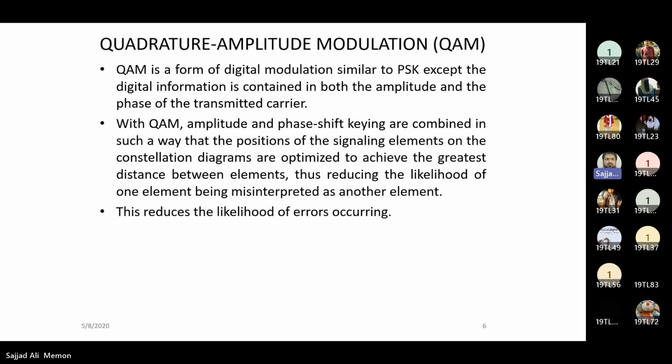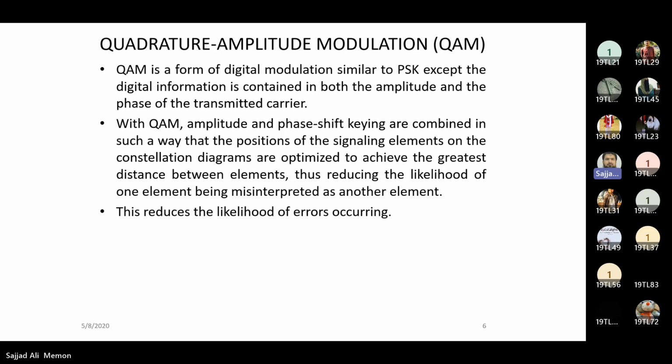So with QAM, amplitude and phase shifting are combined in such a way that the positions of the signaling elements on the constellation diagrams are optimized to achieve the greatest distance between elements, thus reducing the likelihood of one element being misinterpreted as another element. So that is the aim behind QAM.